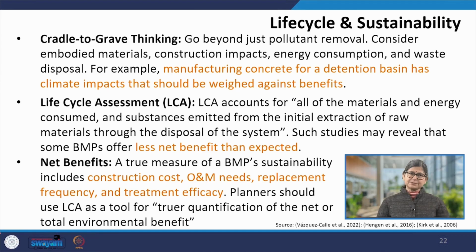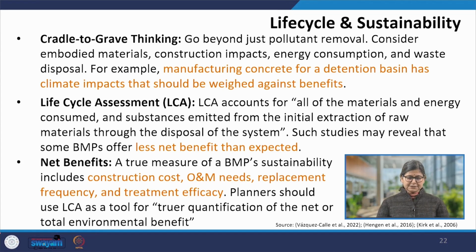Life cycle assessment. Life cycle assessment accounts for all of the materials and energy consumed and substances emitted from the initial extraction of raw materials through the disposal of the system. Such studies may reveal that some of the BMPs offer less net benefit than expected.